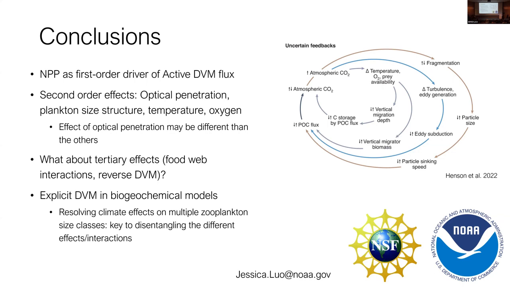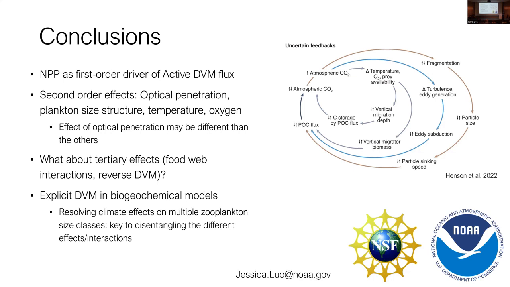Heidi? Hi, Jessica. I think you said that in the simulations when you showed the smaller phytoplankton going forward, there was an enhancement in the relative importance of the large pelagic tunicates. And was that relative to all the grazing?